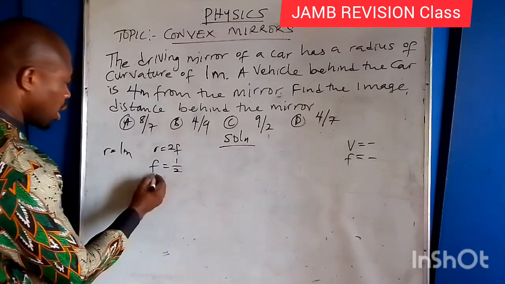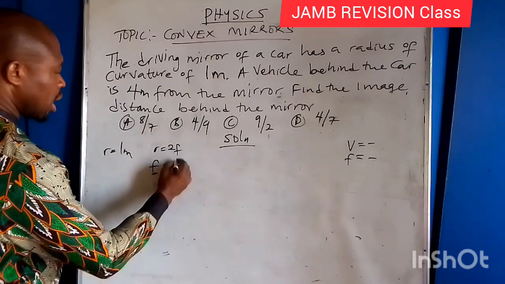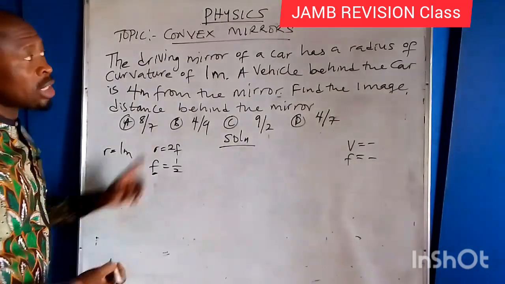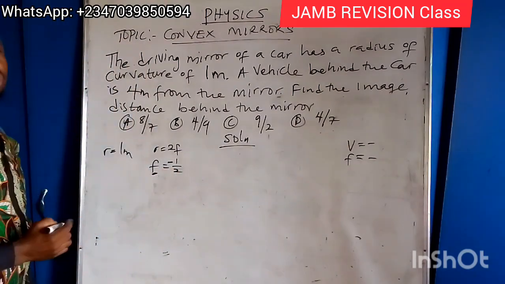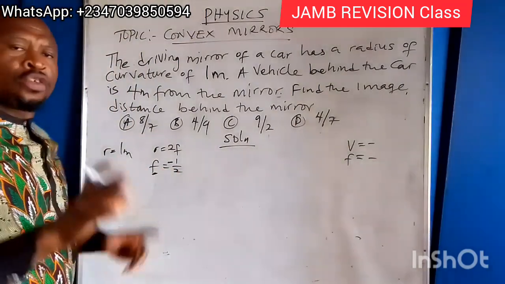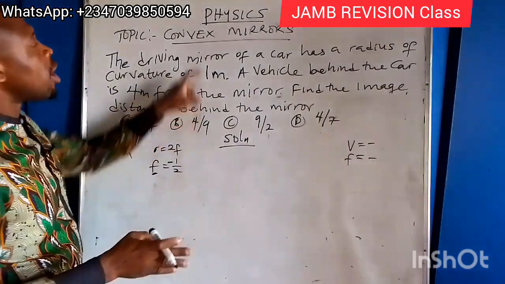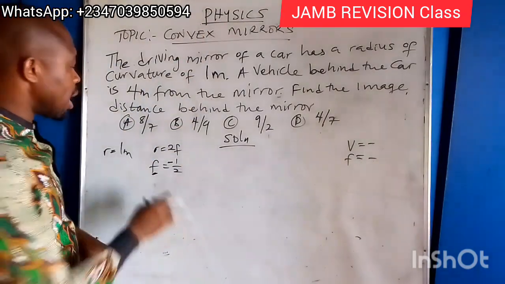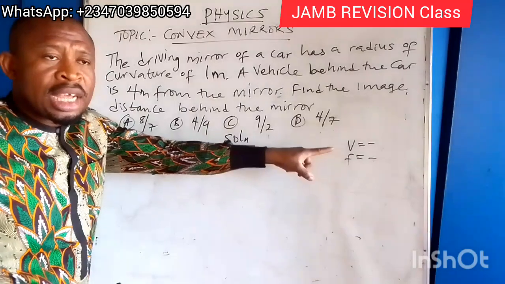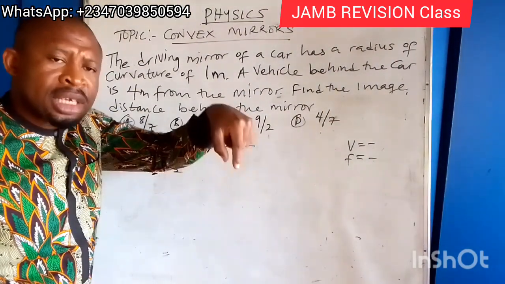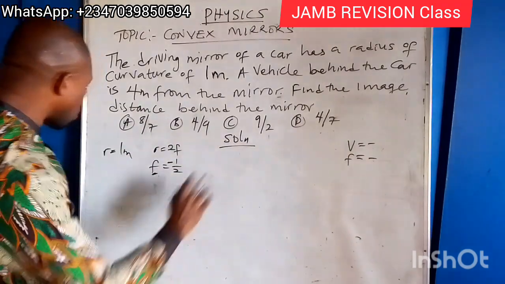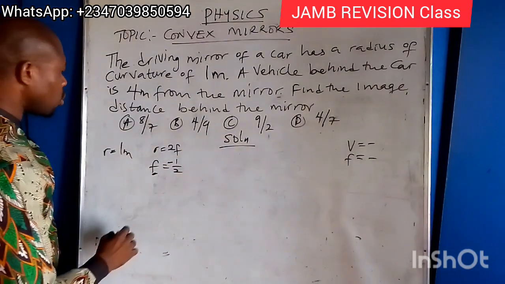Now the focal length is 1/2. Because this is a convex mirror, it will now give us minus 1/2. Please, for a full lesson on convex mirror, why F is negative and V is negative, please see the link in the description below. Let's continue.